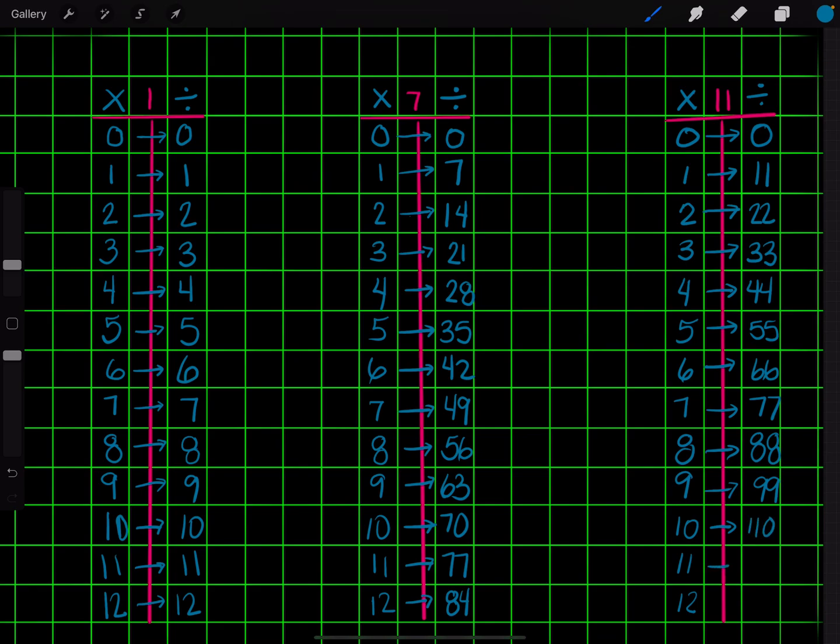Now 11 groups of 11 would be 11 more, so I can break it into that 10 and 1 again, so that would be 120, and then we add a 1, 121. Now let's do this 12. 121 plus 10 more is 131, plus 1 more is 132. Good job, guys. This was hard, but we can do it.